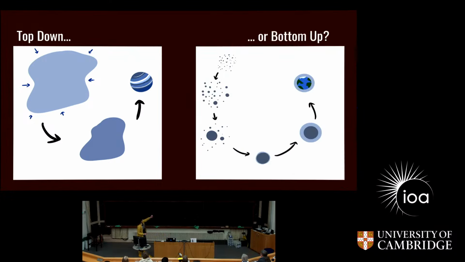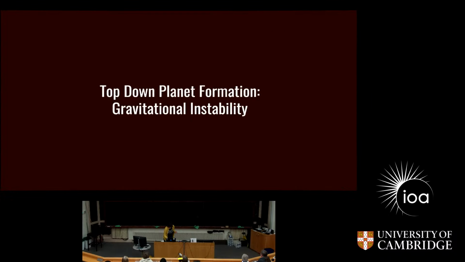You start with grains, maybe micron size, and they collapse together to make centimeter-sized grains, and they smash together to get bigger and bigger until you form a planet. So you either start hundreds of thousands of kilometers wide and collapse down, or you start micron-sized and move up. They really can't get any more different than that, but we're not quite sure which of these forms every planet yet. So we're going to talk in a little bit more detail about each of them.